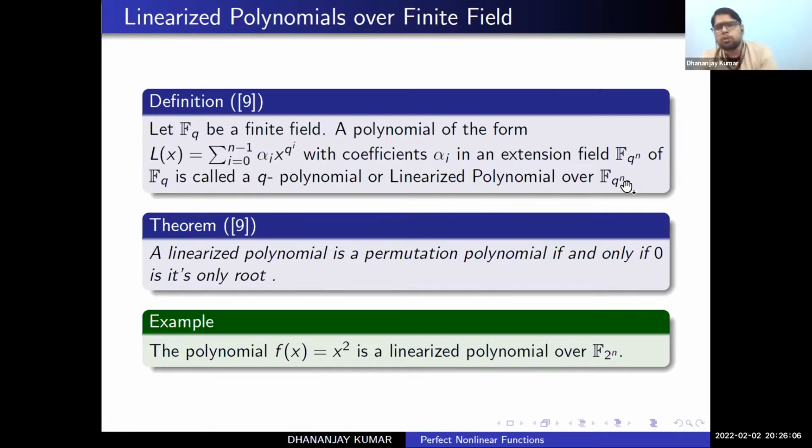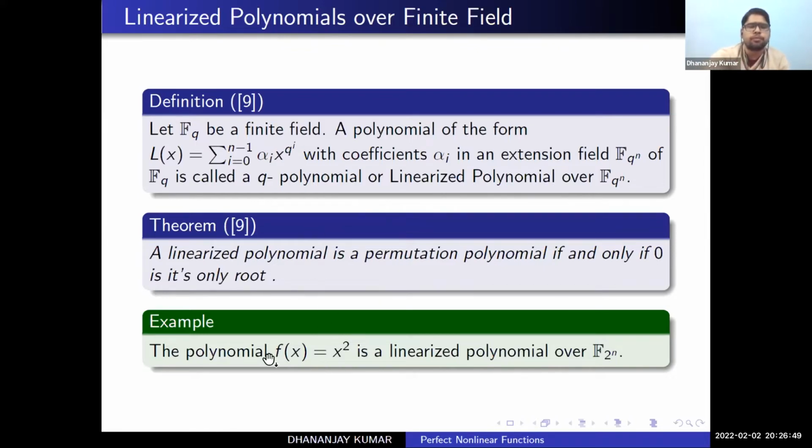This polynomial is called a q-polynomial or linearized polynomial, and basically linearized polynomials are linear transformations from F_{q^n} to F_{q^n}. And it is very obvious to see that F_{q^n} acts as a vector space over Fq, and the problem is in which case a linearized polynomial will be a permutation polynomial. The answer to this question is that a linearized polynomial is a permutation polynomial if 0 is its only root.